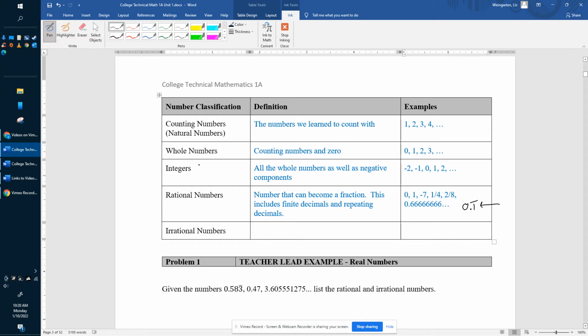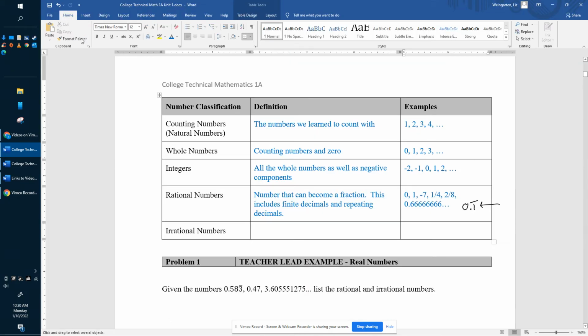Then we have our irrational numbers. So our irrational numbers are numbers that cannot be written as a fraction.